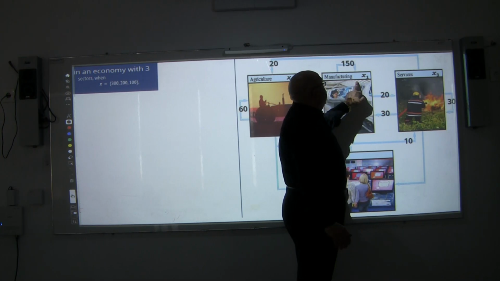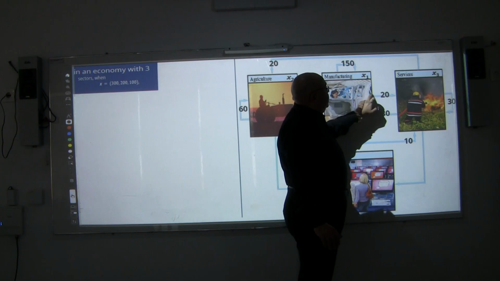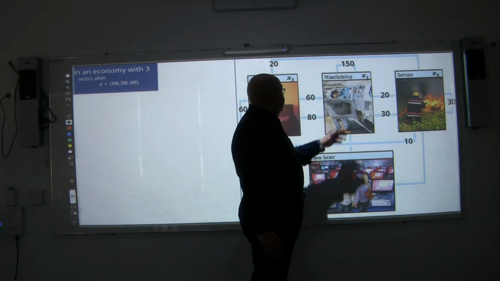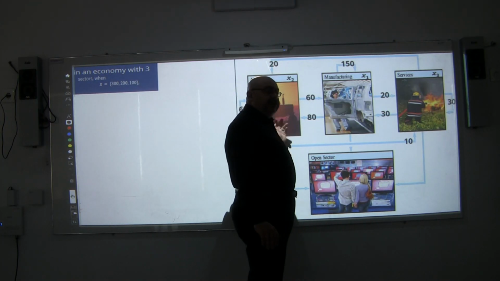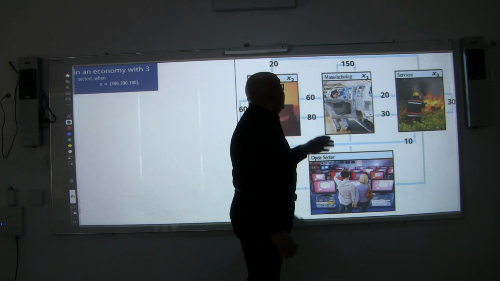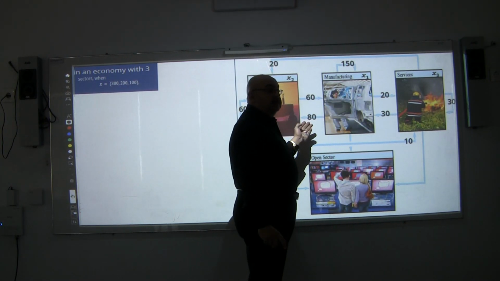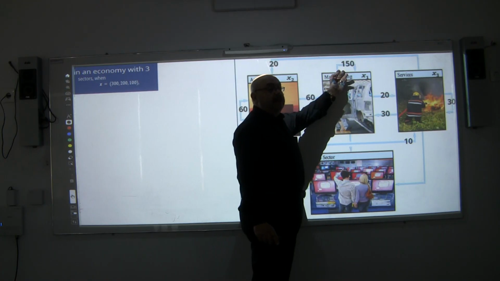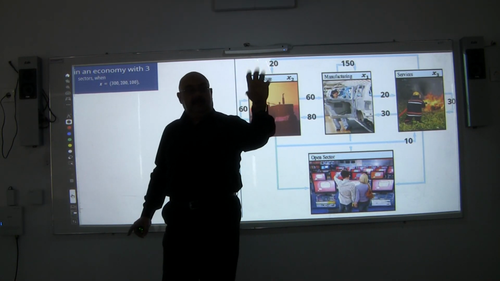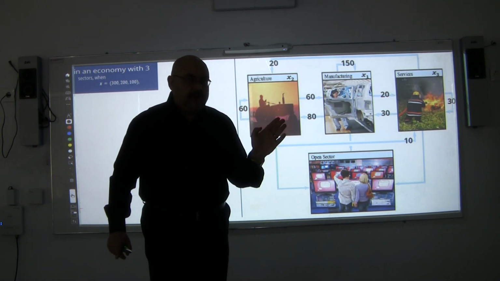And then 20 will go out into services, and the manufacturing will send 80 units for agriculture. So out of 300, you will have for final demand 50. That's the remaining. It's really very simple logic.